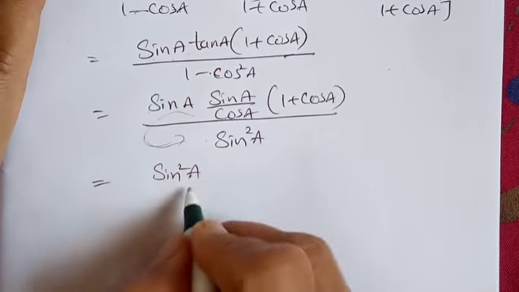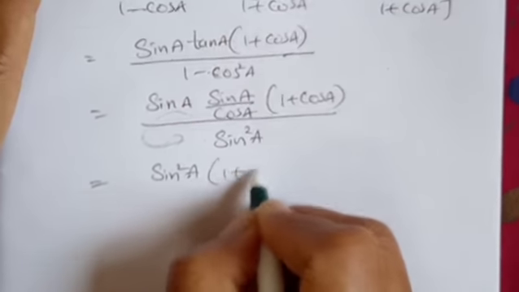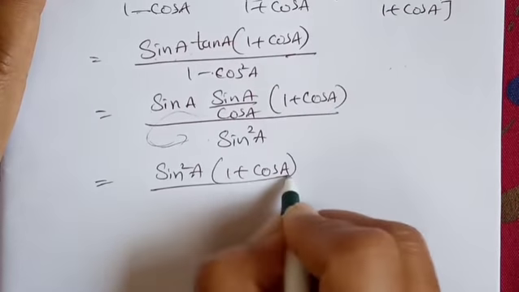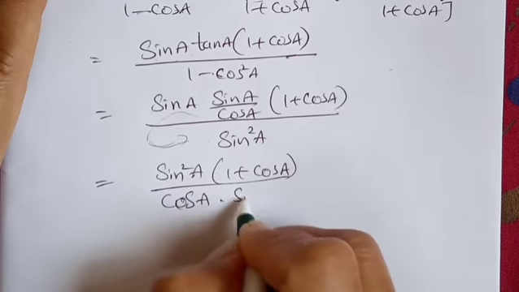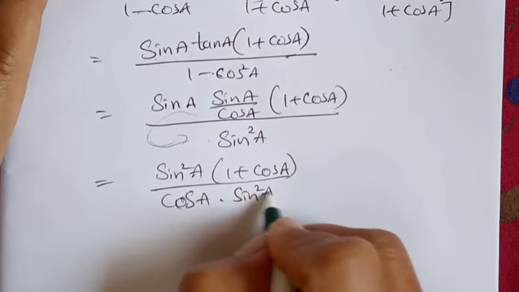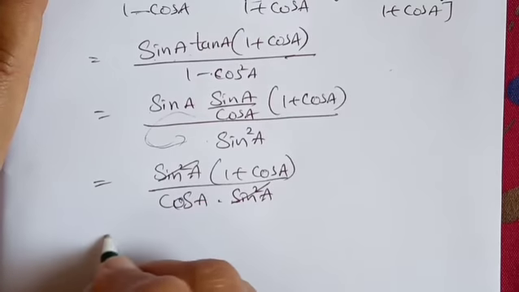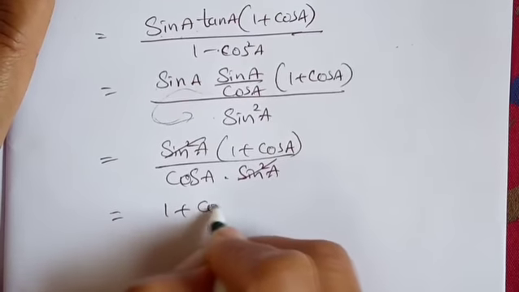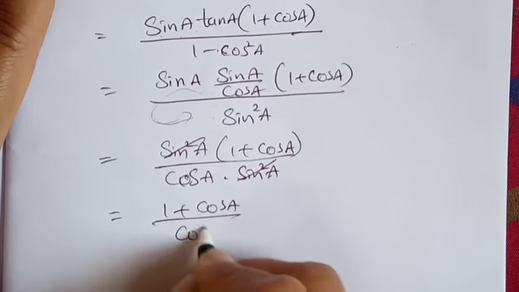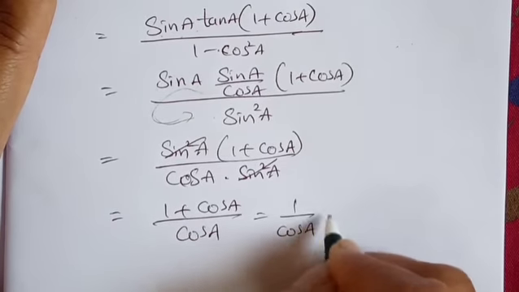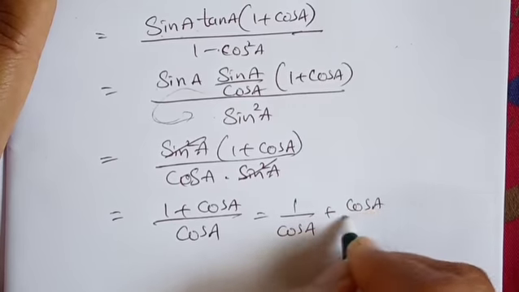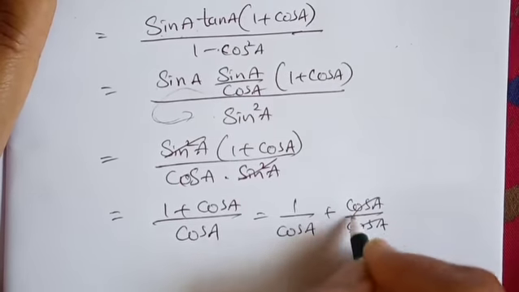So, 1 plus cos A by cos A into sin square A. Sin square A cancel. 1 plus cos A by cos A. What is that? 1 by cos A plus cos A by cos A. This cancel.